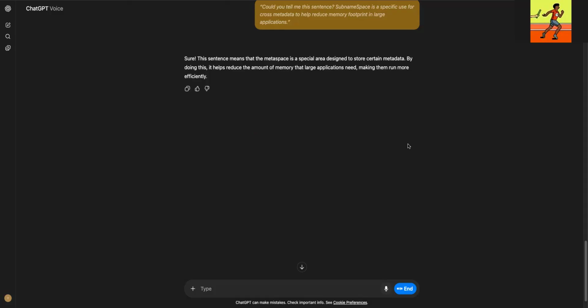The metaspace is Java specific, used for class metadata. Java has class metadata, so Java specific metadata space. Okay.